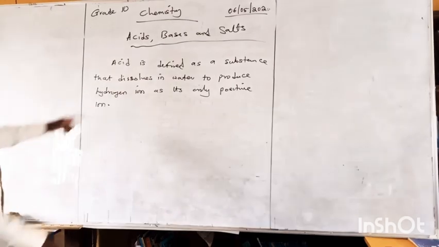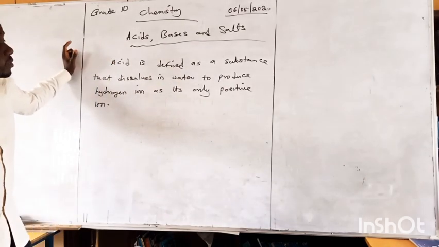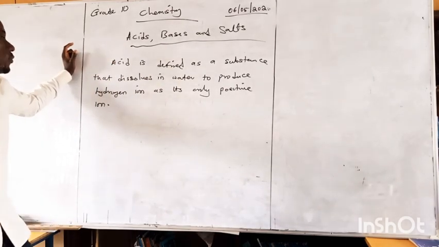An acid is a substance that dissolves in water to produce hydrogen ion as its only positive ion.